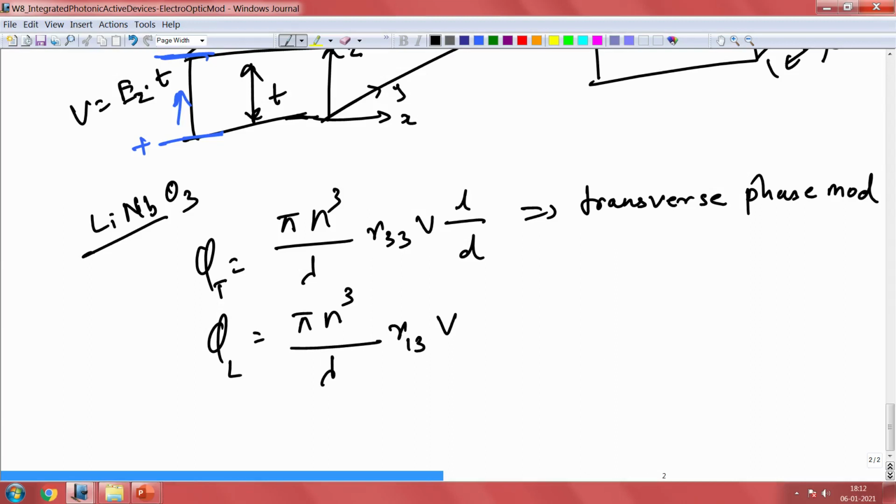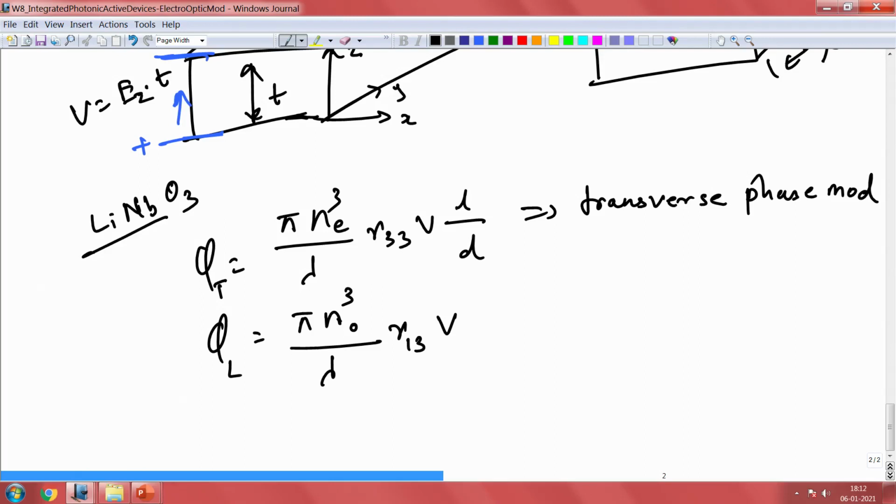All right. The important thing to notice here is this n. For the longitudinal component it should be n naught, and for the transverse component it will be n e. This is something you should keep in mind when you are choosing the right orientation, whether it is ordinary axis aligned or extraordinary axis aligned.